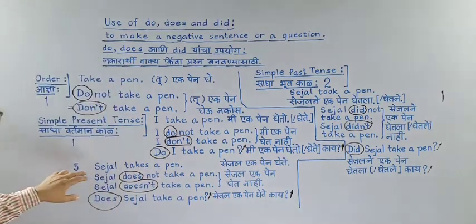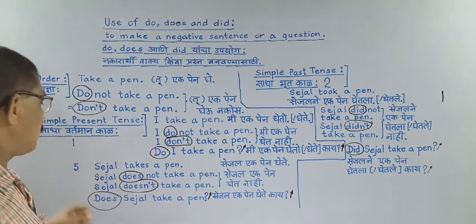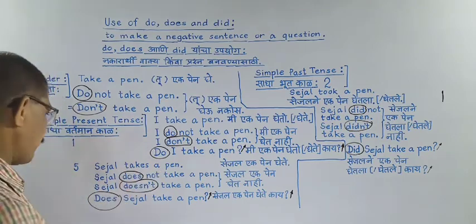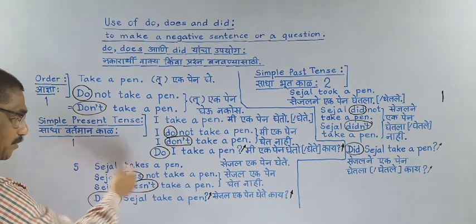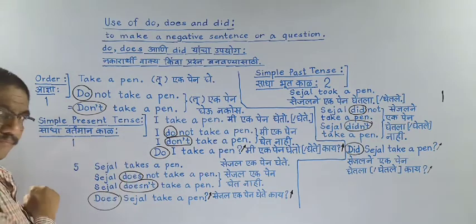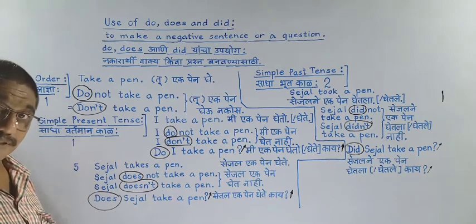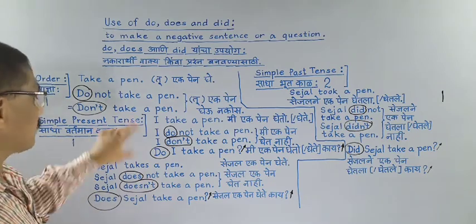Now if the subject is third person singular, now it is Sejal. Sejal takes a pen. Sejal does not take a pen. Here the fifth form was there, so does came because the subject is third person singular and the tense is simple present tense.